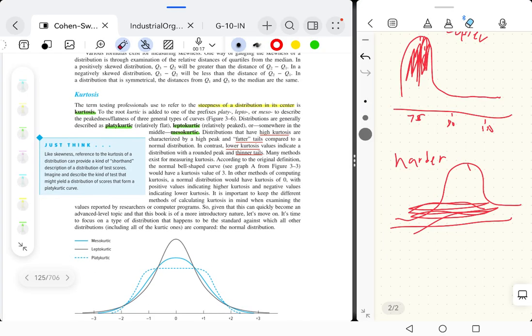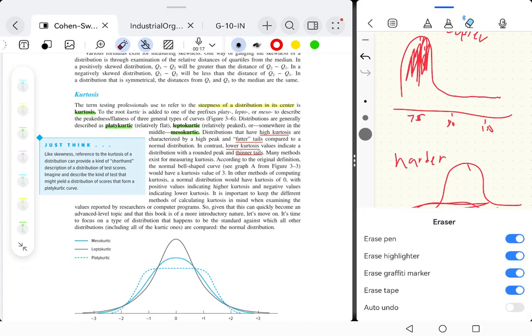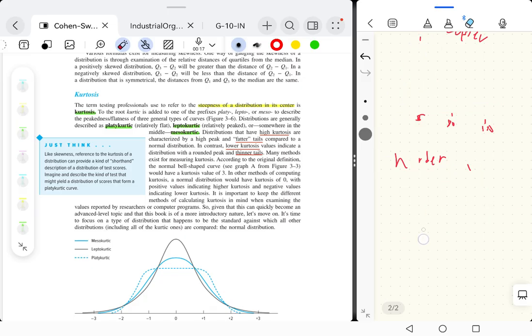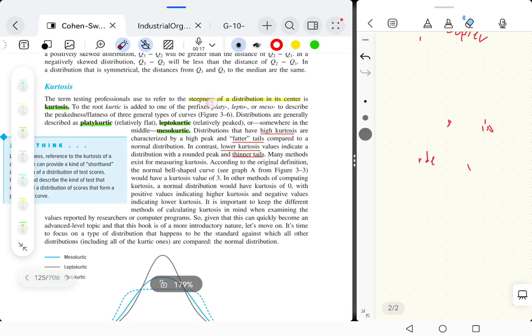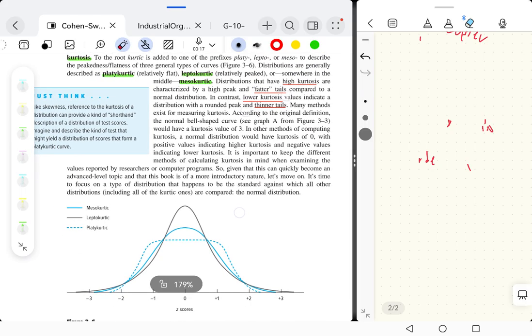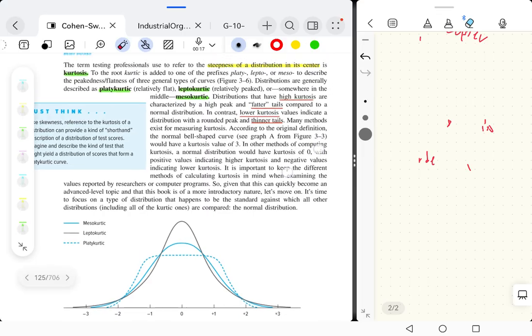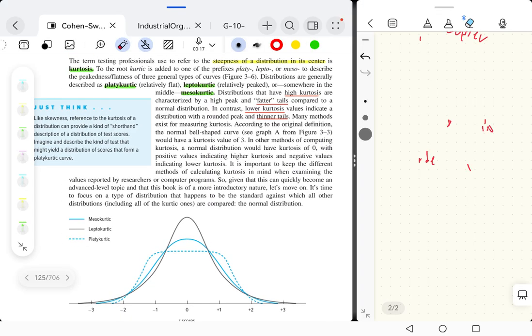Now, let's talk about kurtosis, guys. Kurtosis is the steepness of the distribution in its center. As you can see in this graph, we have three kurtoses: platykurtic, leptokurtic, and mesokurtic. Mesokurtic is usually denoted as a normal distribution, here in this blue line.